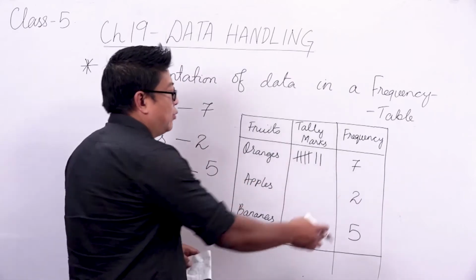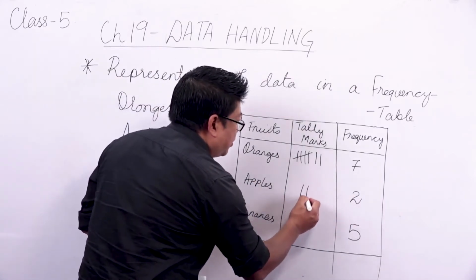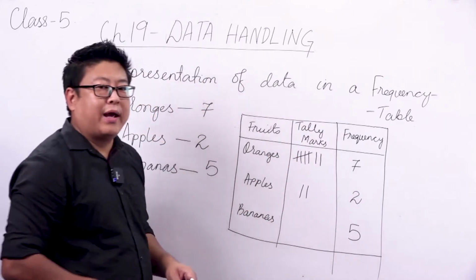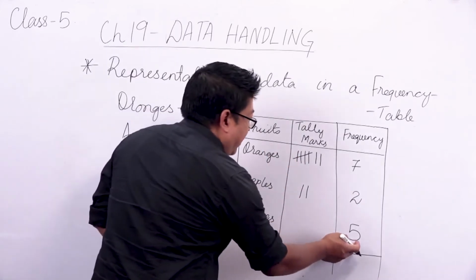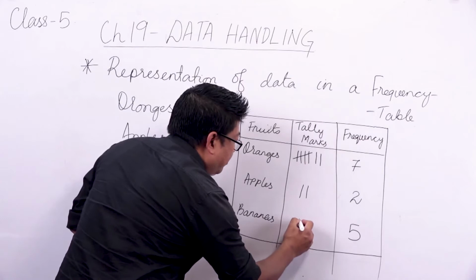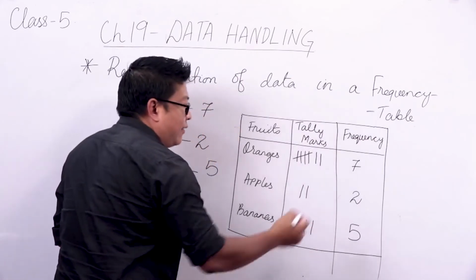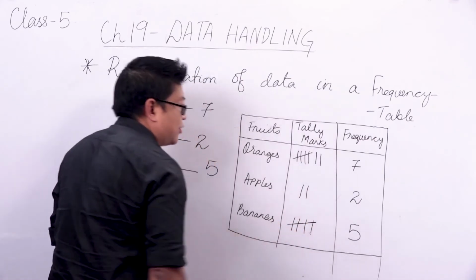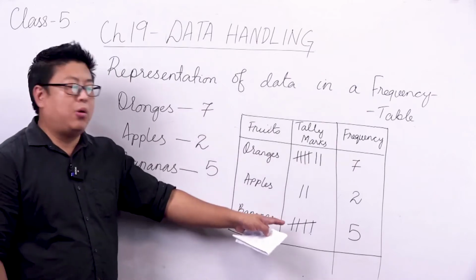For apples, we have 2, so only 2 sticks. For bananas, we have 5: 1, 2, 3, 4, and the 5th one is always a strike through all the sticks.